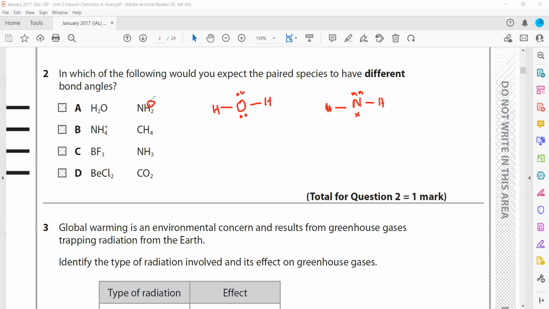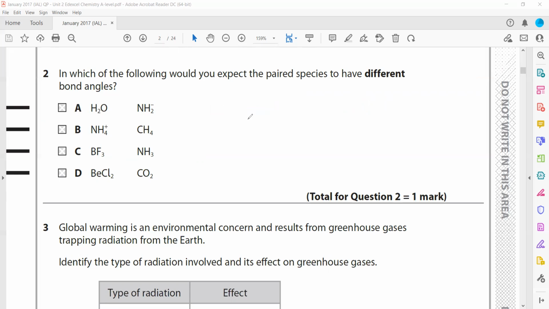It took an extra electron, which gives the minus charge, and because of the presence of that extra electron, it now becomes 2 bond pairs and 2 lone pairs, so both will have the same geometry. The geometry of a molecule depends on the number of bond pairs and lone pairs. If the molecules have the same bond pairs and lone pairs, then they will have the same geometry. So A cannot be the answer, it will have the same.